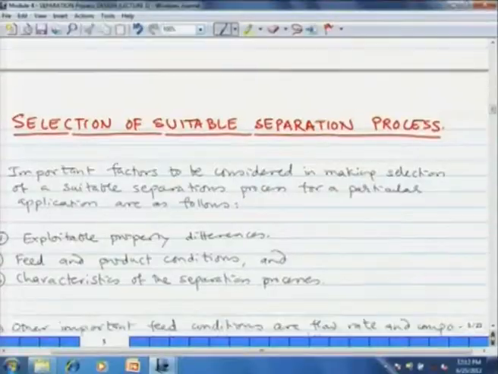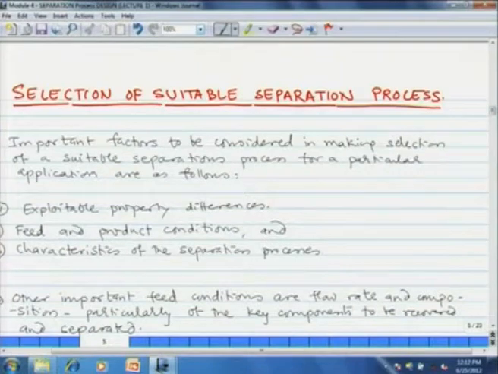In some cases, we may go for an energy intensive process for the recovery of that particular product, because it gives high purity and the cost that the purified product draws offsets the cost of separation. We shall see the selection of a suitable separation process.